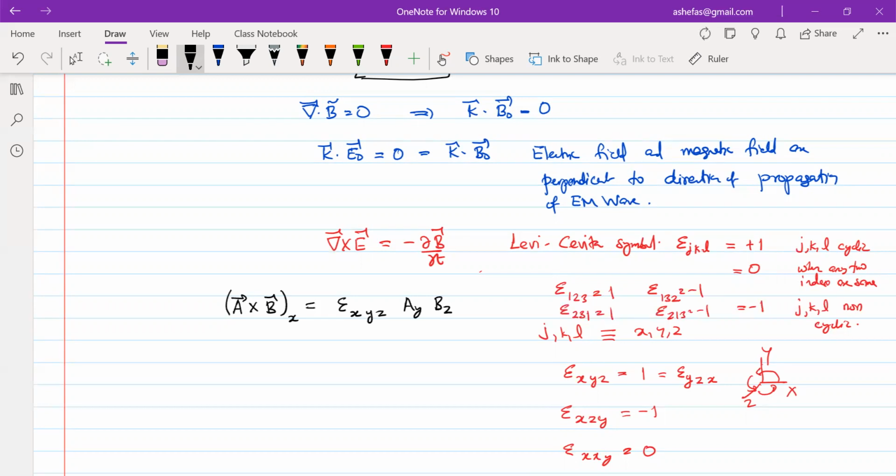Remember, the Einstein summation convention is followed here. Here y is repeated, so we have to sum over y, and z is repeated, so we have to sum over z.